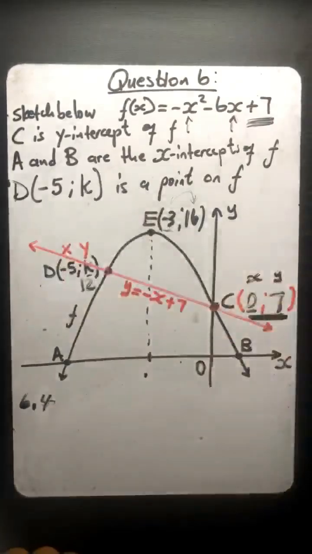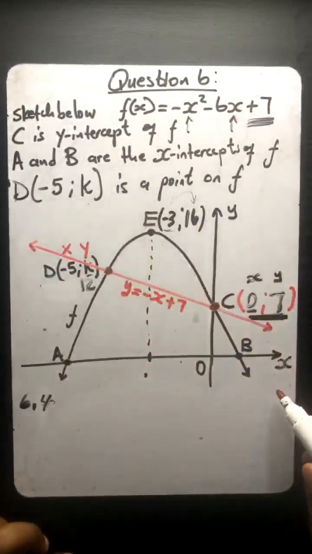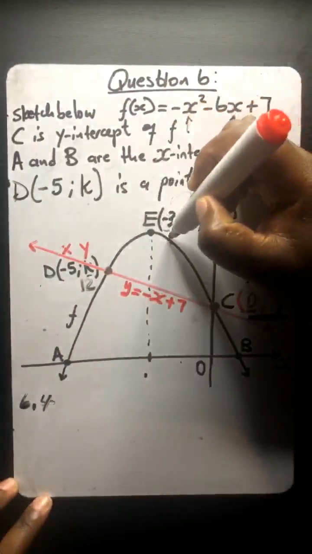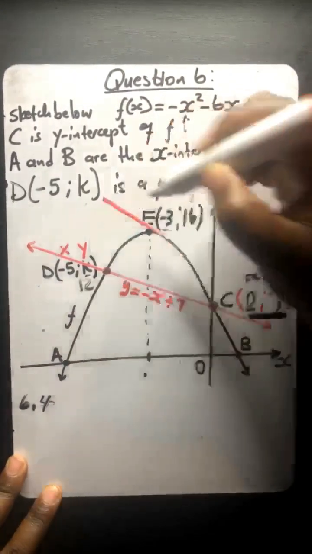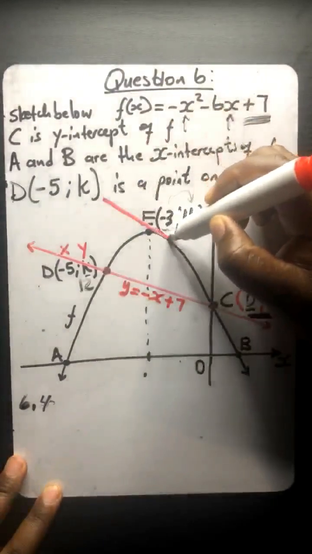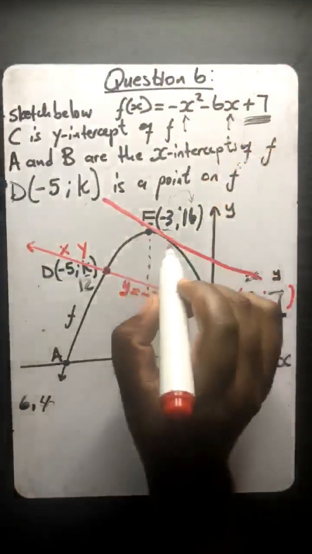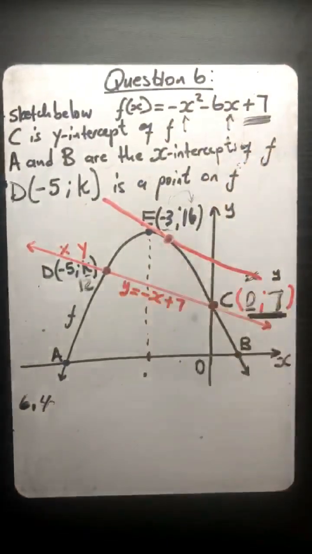Because this is a hand-drawn function, I'll just force it to look a bit realistic, even though it's going to be difficult. So let's assume that it touches the function there.